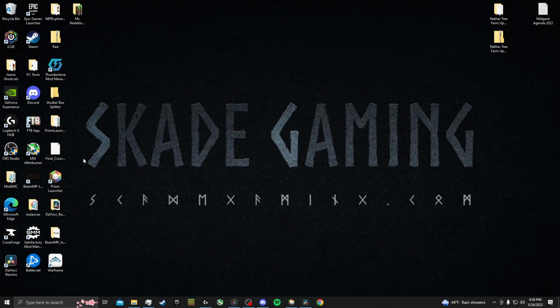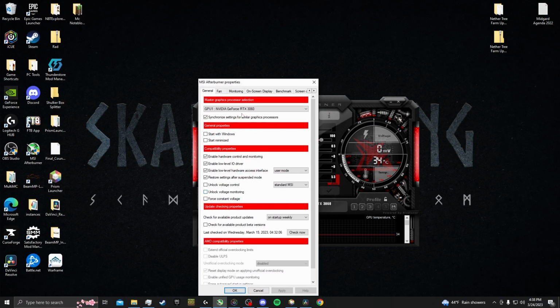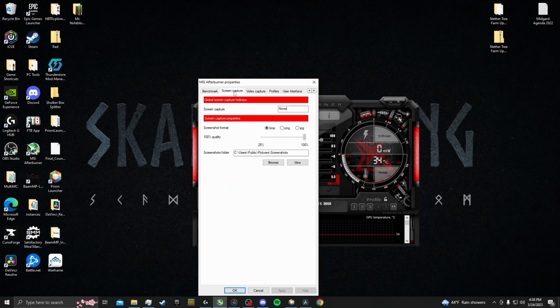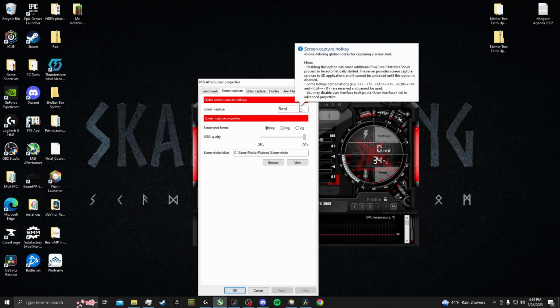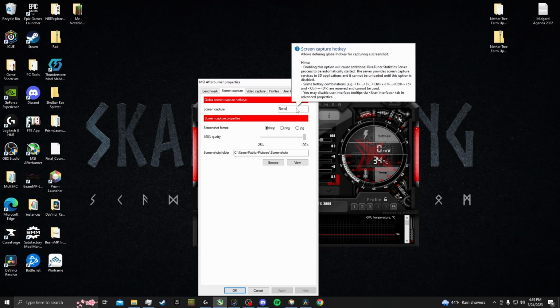Then it dawned on me to open MSI Afterburner here and go to settings, because MSI Afterburner also has a screen capture option. And lo and behold, this actually was the problem.